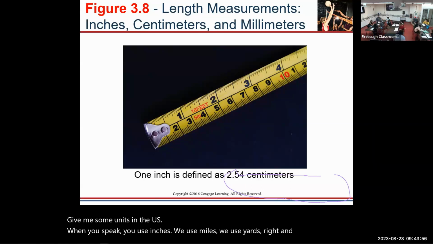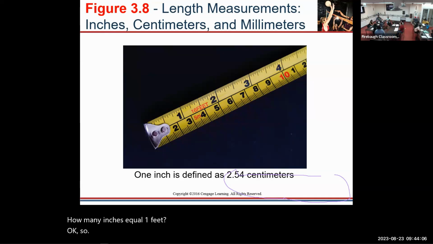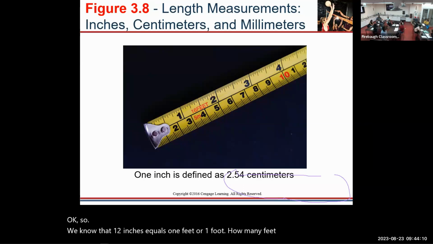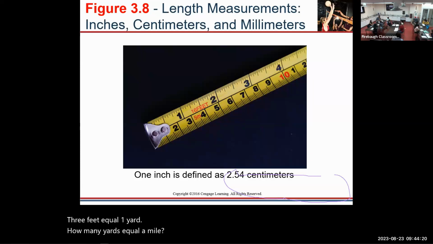Just out of curiosity, how many inches equal 1 foot? We know that 12 inches equals 1 foot. How many feet equal a yard? 3 feet equal 1 yard. How many yards equal a mile? Nobody remembers? 1,760 yards equal 1 mile.